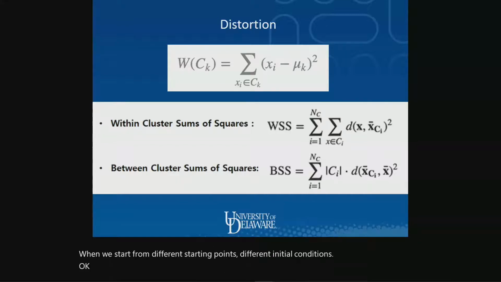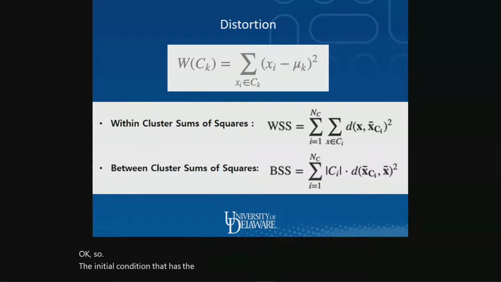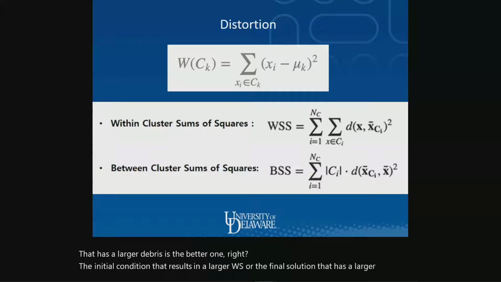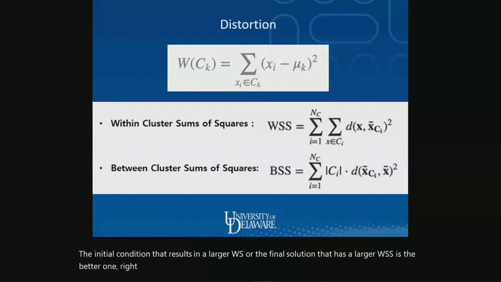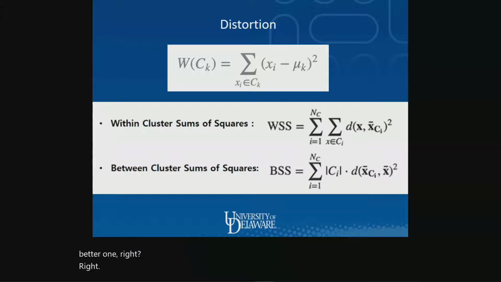Okay, so the initial condition that has a larger WSS is the better one, right? The initial condition that results in a larger WSS, or the final solution that has a larger WSS, is the better one, right? Right? Are we good?